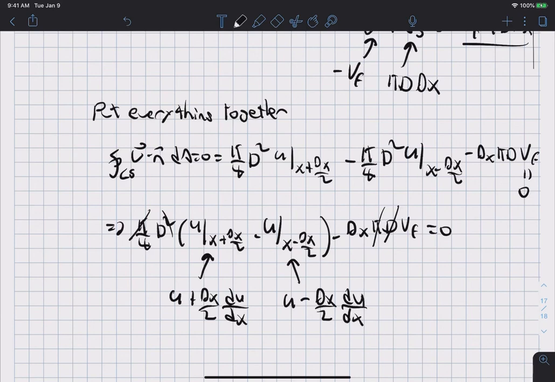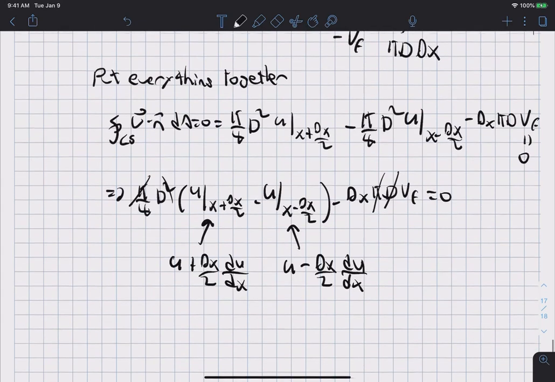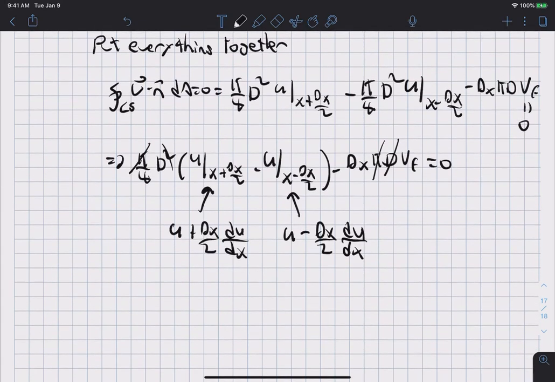Okay. So we combine those two terms, and then you would subtract, the u cancels out, and this just equals delta x du dx.